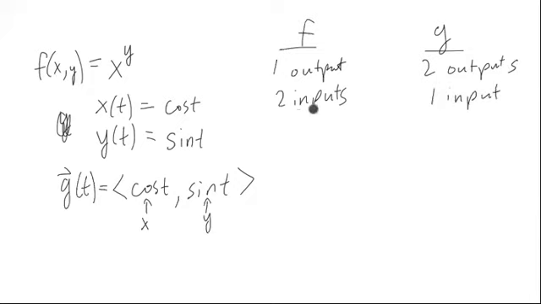Okay, so let's write the derivative of f. One output means one row, two inputs means two columns. It's just the regular one, f_x, f_y. So we take the derivative with respect to x, thinking of y as a constant.